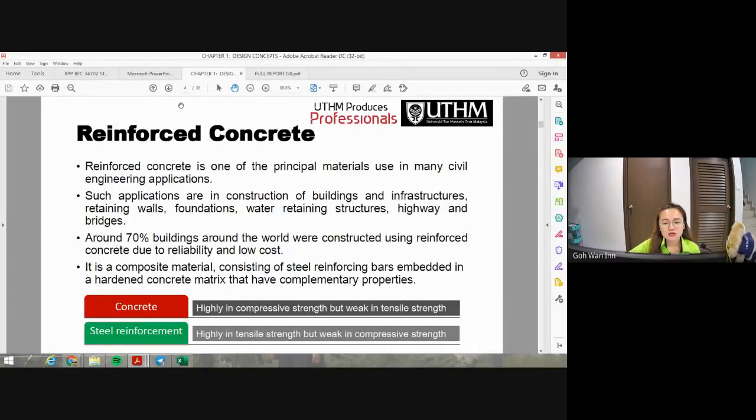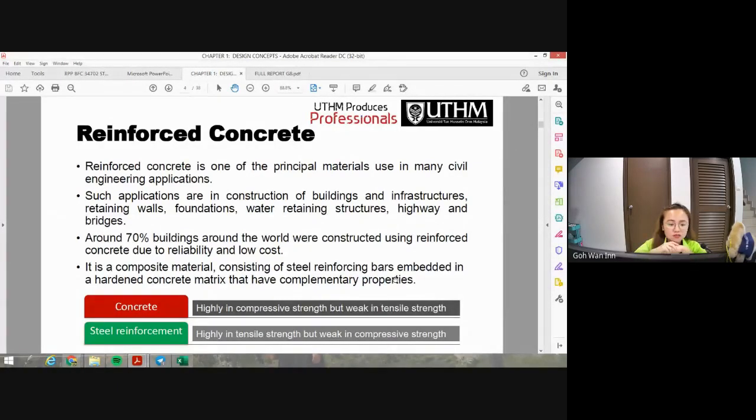It is a composite material, consisting of steel reinforcing bars embedded in a hardened concrete matrix that have complementary properties. Basically, the steel is embedded in the concrete, wrapped by the concrete, so the concrete also protects the reinforcement.